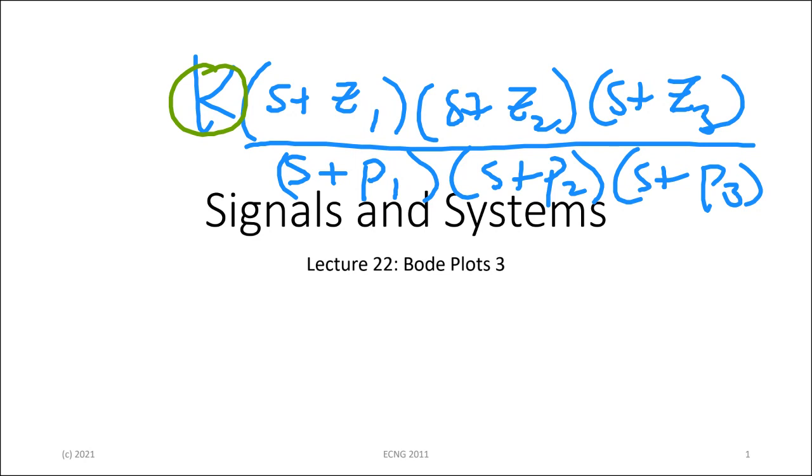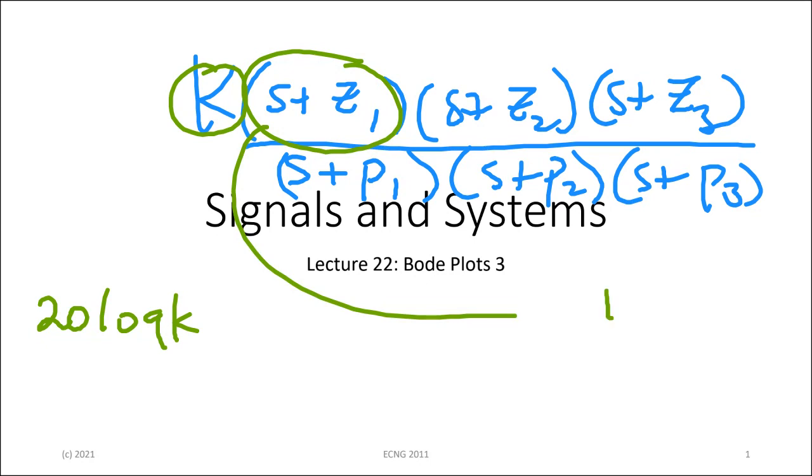This k is going to give me a horizontal line at 20 log k. All of the zeros you're going to have to convert to the standard form, so they are converted into 1 plus j omega over z1, 1 plus j omega over z2, and so on.